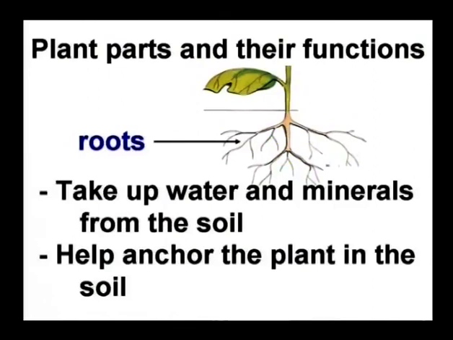Right. And last one, roots. They take up water and minerals from the soil, like what we've gone through, and help anchor the plant in the soil. Anchor, you think of a boat that's on the open sea sailing and that wants to stop.